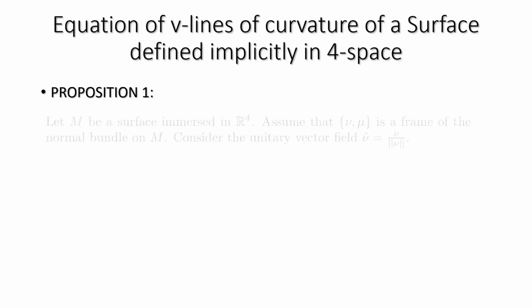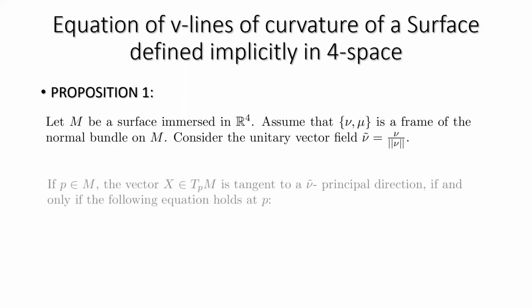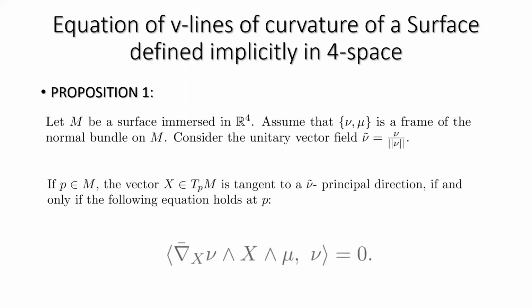Consider a surface immersed in R4, and assume that it has a normal frame, with nu normalized, I mean you divide by the norm in order to have a unit normal vector. Then the nu principal direction is given by this condition.